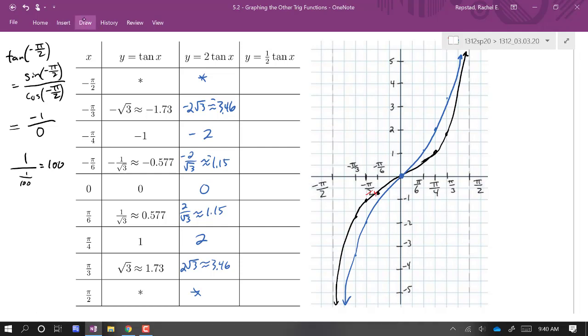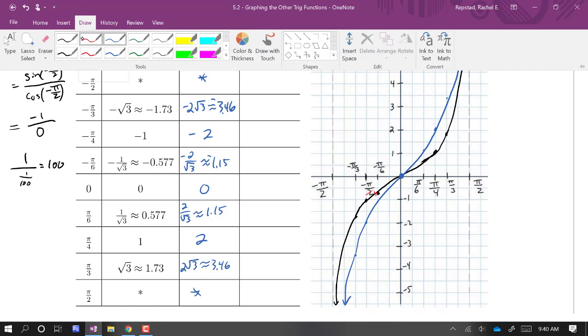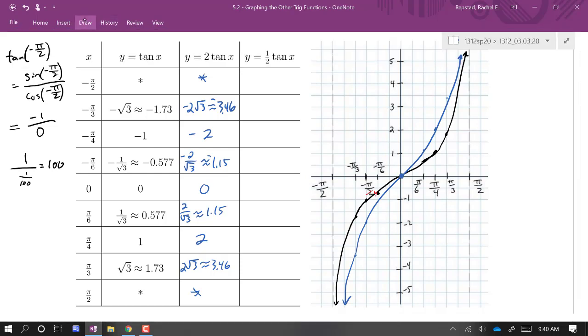I'm just going to take the values in the second column and cut them in half. And I'll do this one in green. So we have minus root 3 over 2, which is approximately negative 0.866. Here we have negative 1/2.